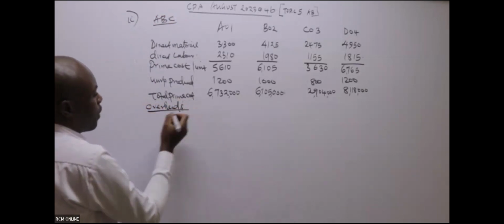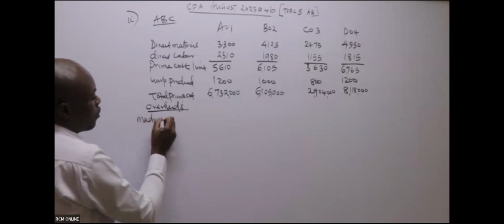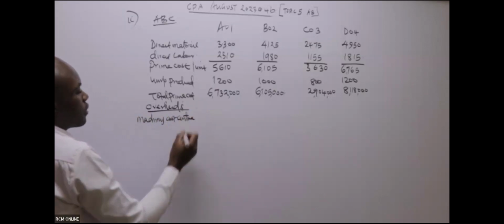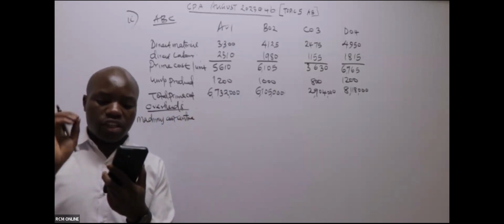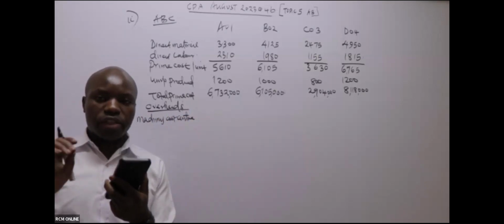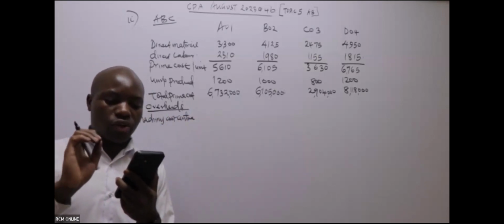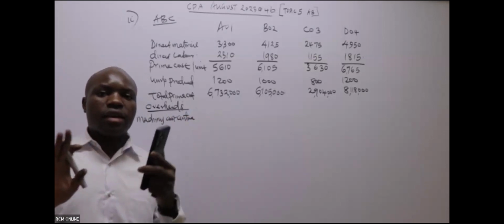So this overhead, number one, we have machinery cost center. This machinery cost center, as you can see, will be suitably distributed based on total machine hours. We cannot distribute machinery cost center expenses using the orders executed.